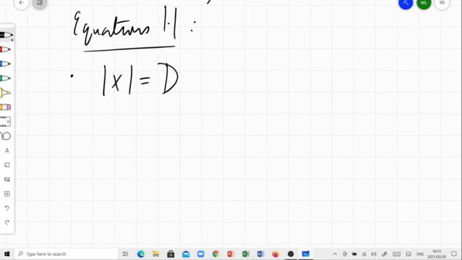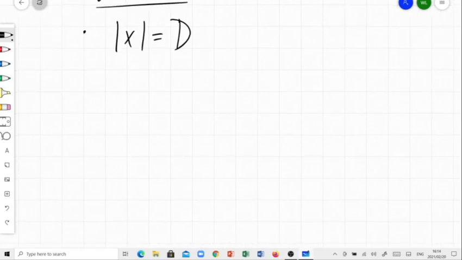To solve this, you can take an algebraic approach or a geometric one. We'll take both, and you'll see you come to the same answer. What this means is that this forces your x to be either exactly d or -d.